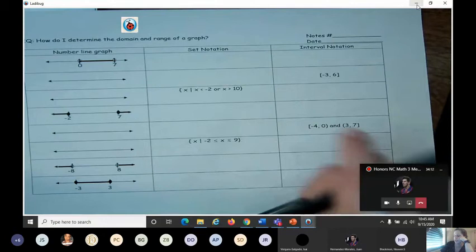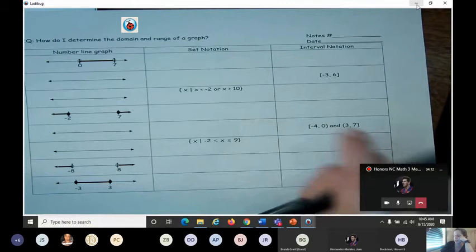So Brandy, which type of parentheses am I going to use for these two open circles? The normal parentheses? Yeah, the round ones. So these are round and these are square. Both of these have open circles. The 0 has an open circle, so it gets a round parenthesis. The 7 has an open circle, so it gets a round parenthesis.